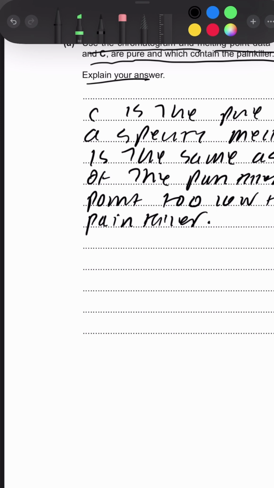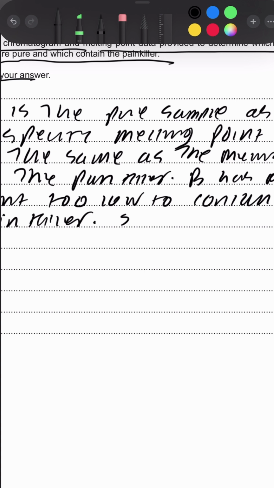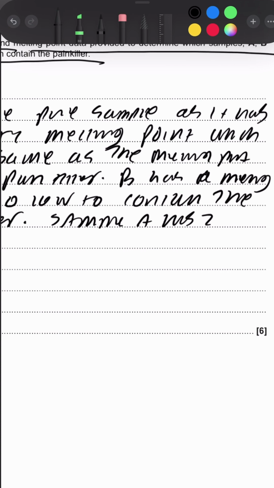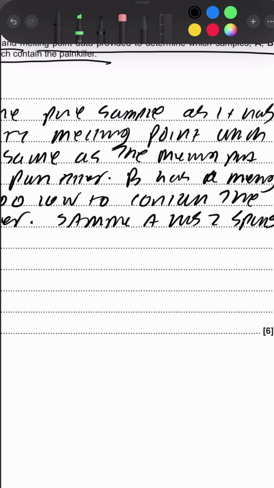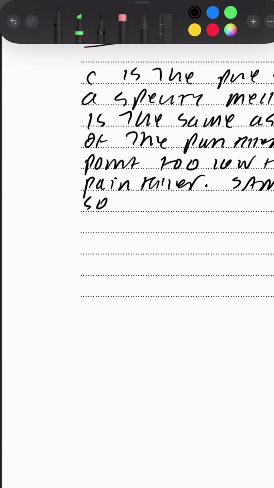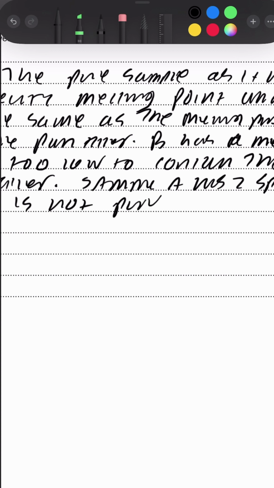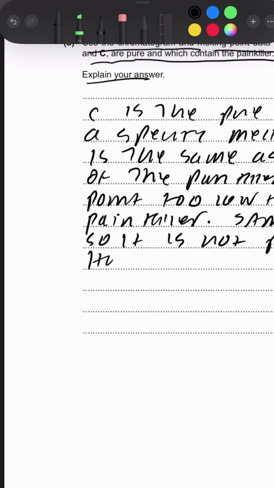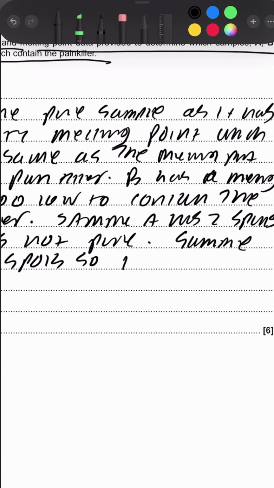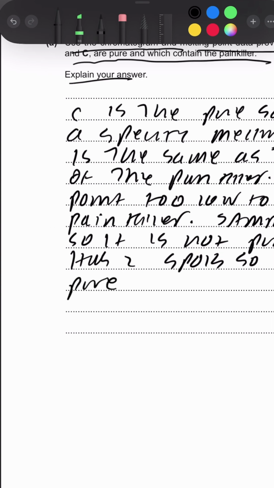So C is a pure sample because it has a specific melting point, which is the same as the melting point of the painkiller.